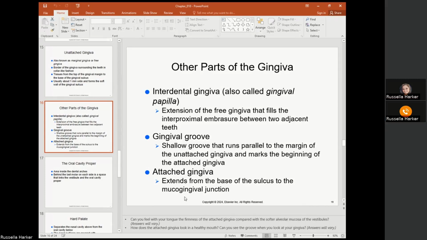And then you have the attached gingiva that extends from the base of the gingival sulcus to the mucogingival junction. So that is under that unattached gingiva where that collar would stop and it becomes very flush with the bone again.